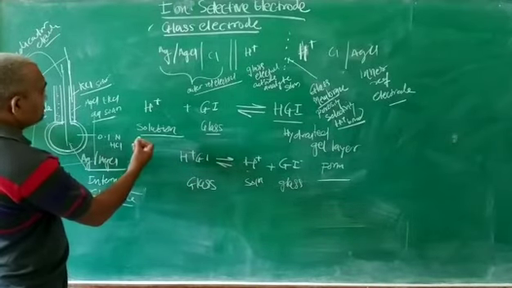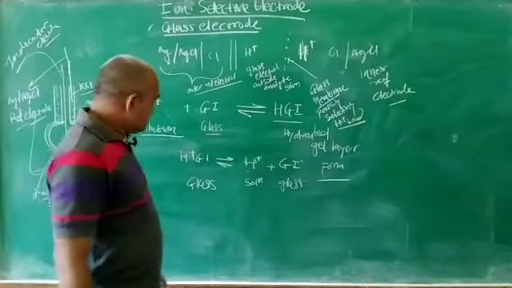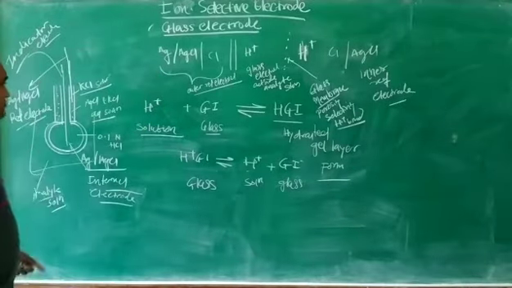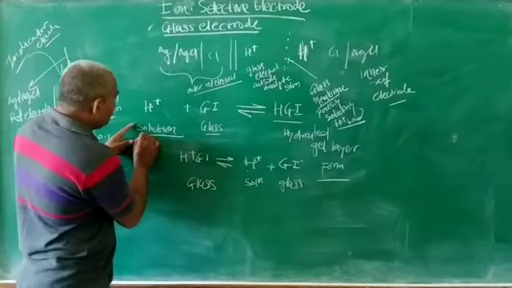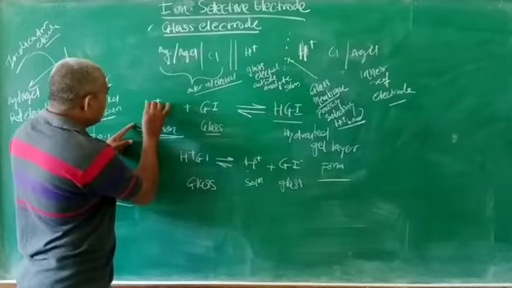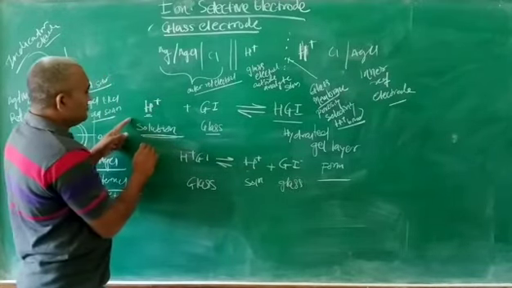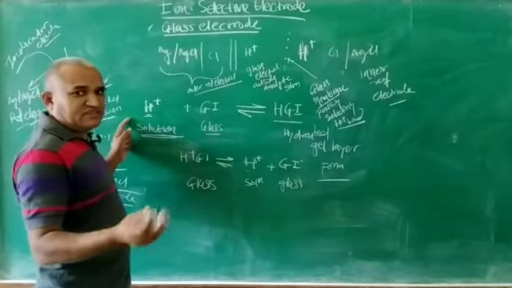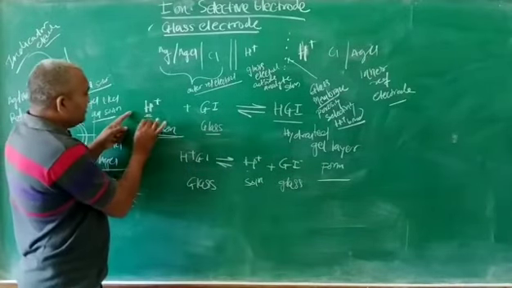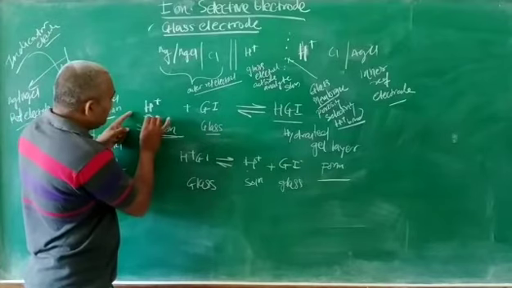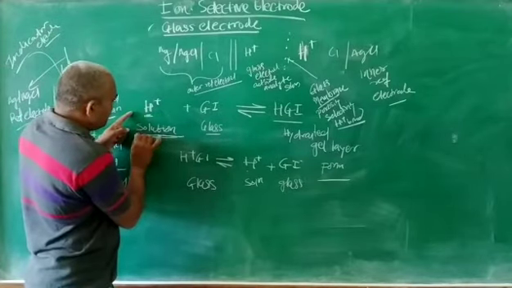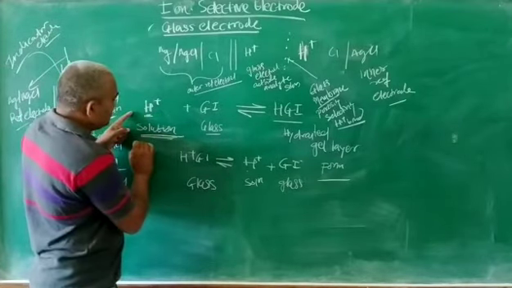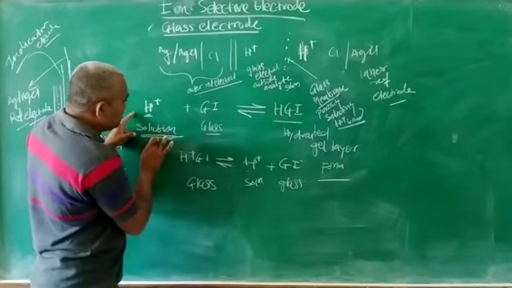As we said earlier, the solution contains H positive ions. Here we see the glass electrode, generally for measuring the pH. In the solution we measure the hydrogen ion concentration. So hydrogen ion is present in the solution.